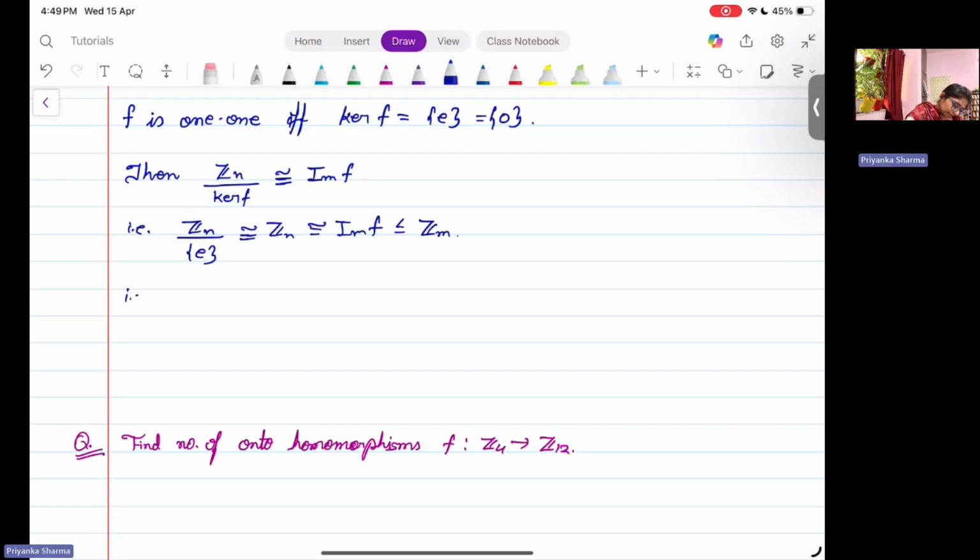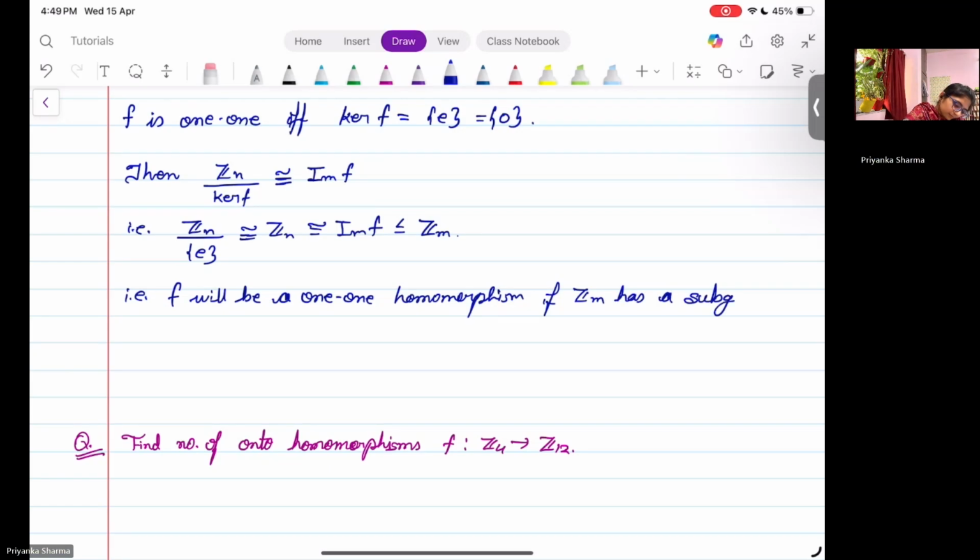Okay, that is, F will be a 1-1 homomorphism if Zm has a subgroup isomorphic to Zn.